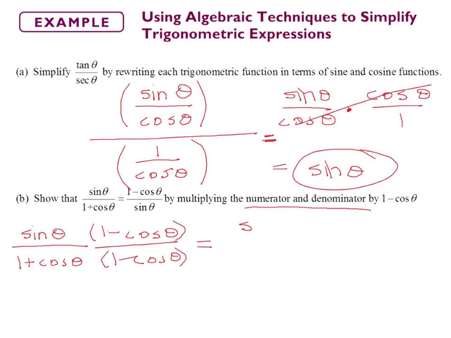So now if I multiply, I get sine theta times 1 minus cosine theta over, what's 1 plus cosine theta times 1 minus cosine theta?